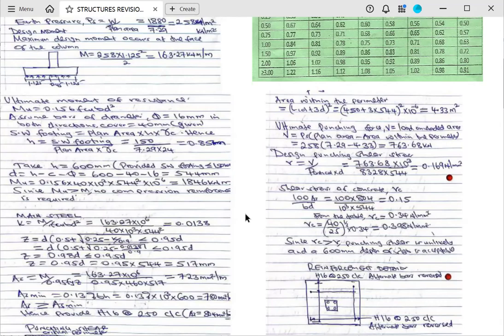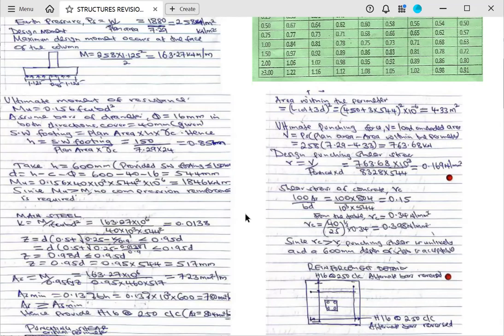Now, this implies that our AS must be greater or equal to AS min. Since our AS is 723 and our AS min is 780 millimeter square per meter, we disregard our AS and then we go to the table to read the value corresponding to the AS min.